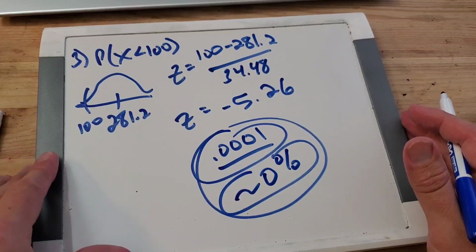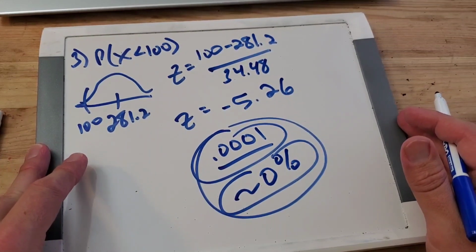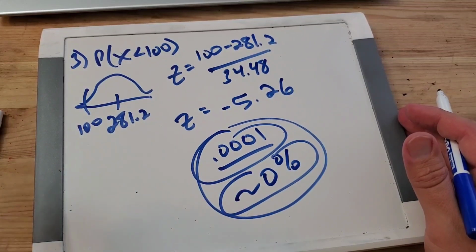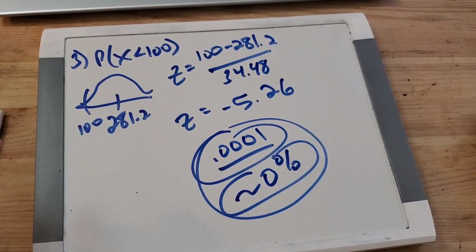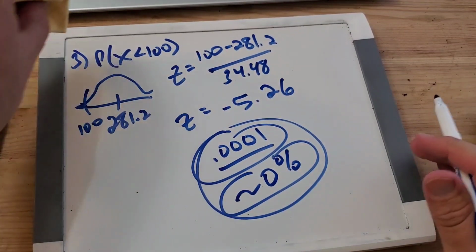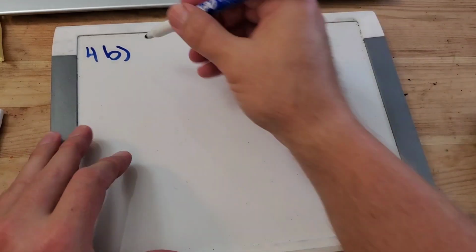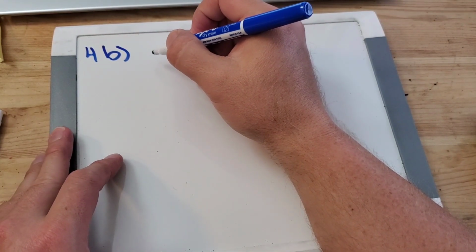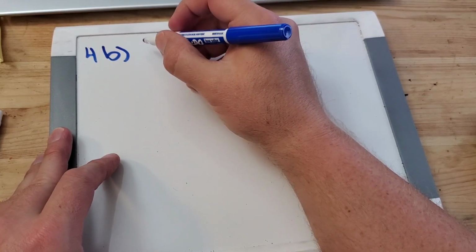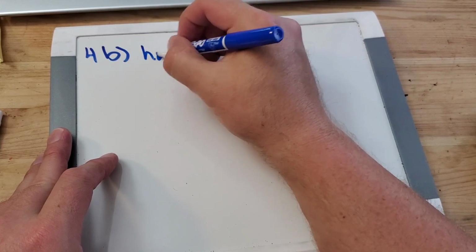All right. Part B is interesting. For part B, we need to remember what we got for 4A1, which of course I forget. Yay, Jeff. So give me a minute. Okay, so here's why it's related to 4A1: it asks us how many would have a score greater than 302.